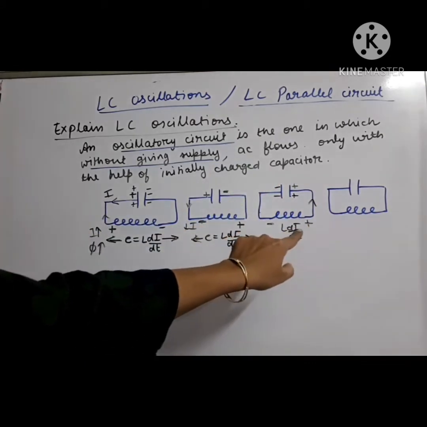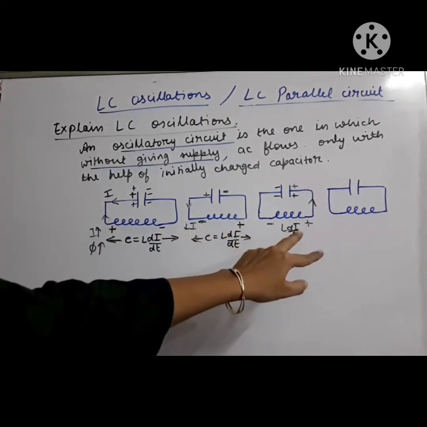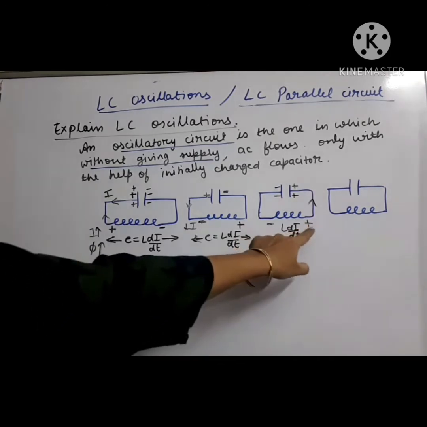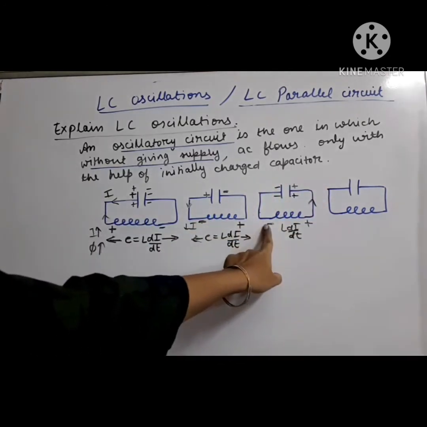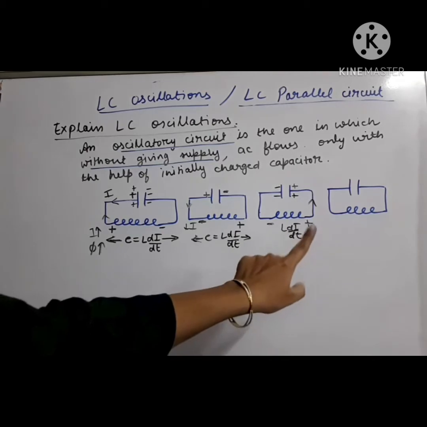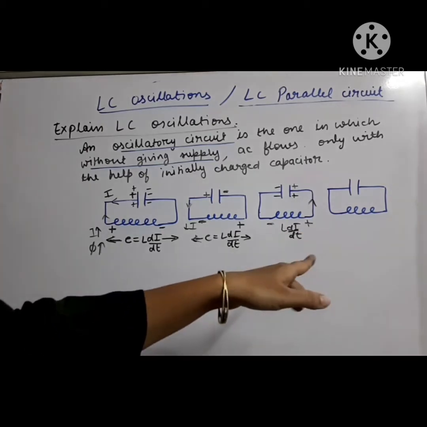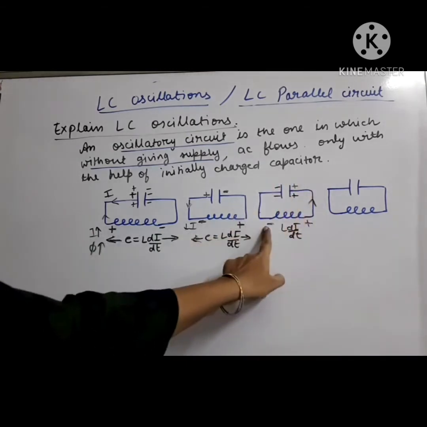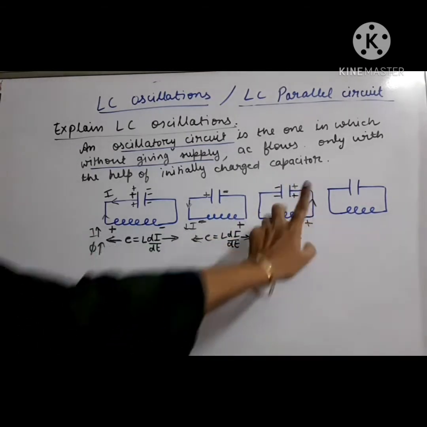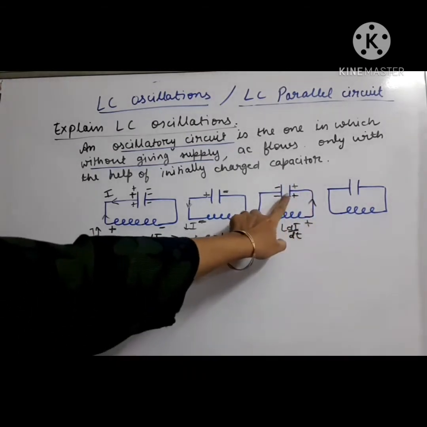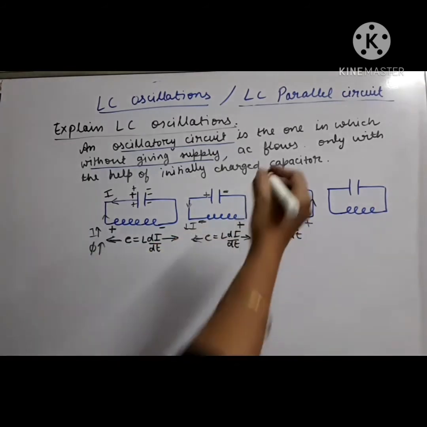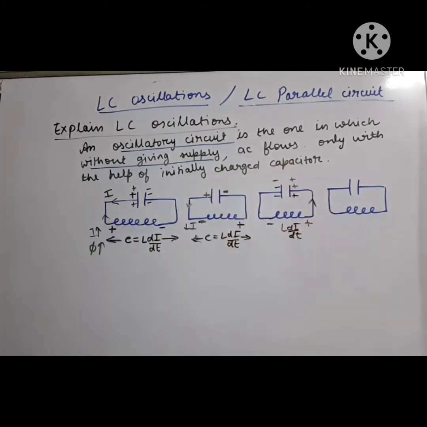Current always flows if two points are at different potential, from high potential to low potential, and it flows until the voltage becomes the same. So finally these two voltages will become the same, and the current supply will stop. But by that time the capacitor will get fully charged.